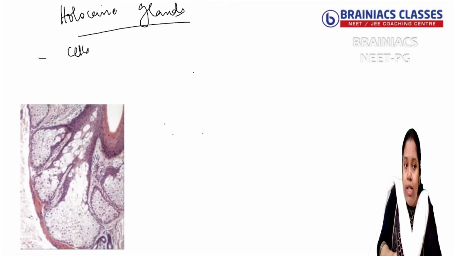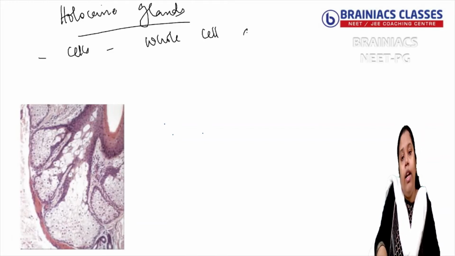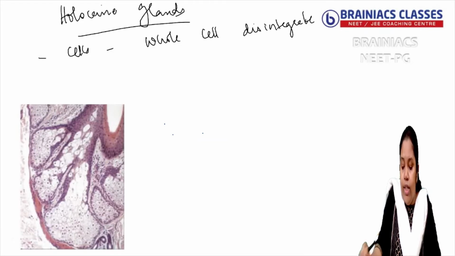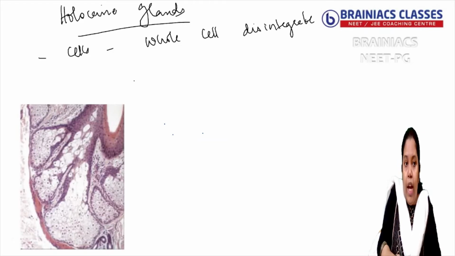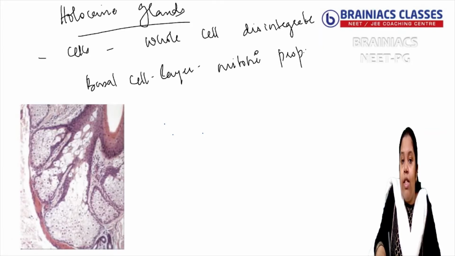So the whole cell will disintegrate to release the secretion. It is multilayered, so the basal cell layers have mitotic property. They will replace the cells that have disintegrated. Holocrine glands, and the example is the sebaceous gland.